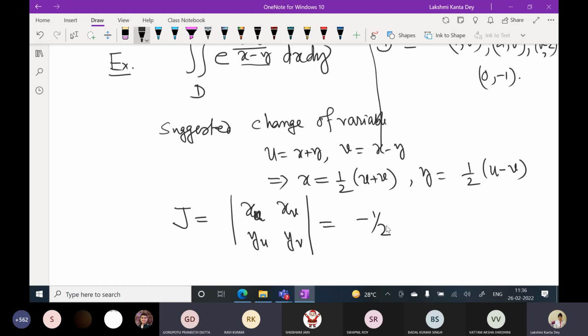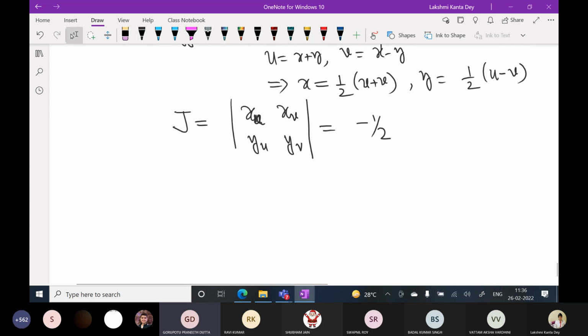It is minus half, right? Yes, sir, minus half. So it will be half du dv into e to the u by v. Then we have to find the region.